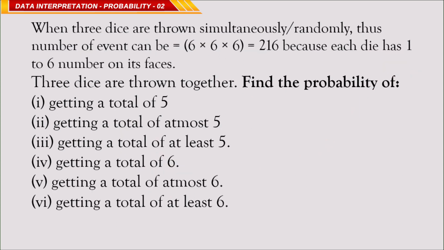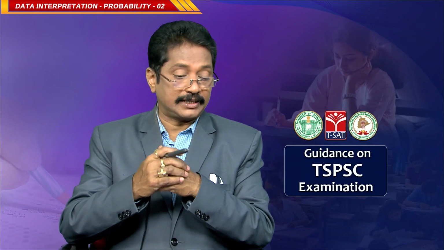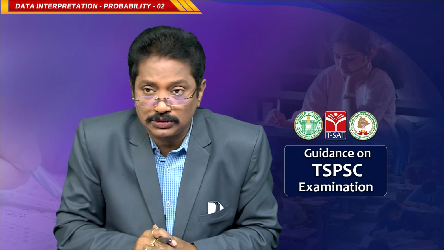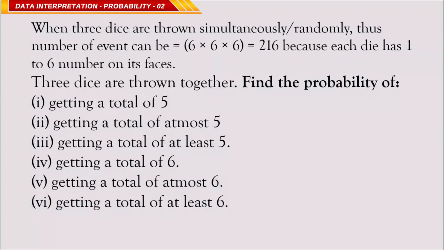Now, shifting to the next. So here, coin toss and dice; this is very important, and we have to use the words at most, at least; these words are very important. When 3 dice are thrown simultaneously or randomly, see, when 2 dice are thrown, the total outcomes is 36, or simply 6 square.